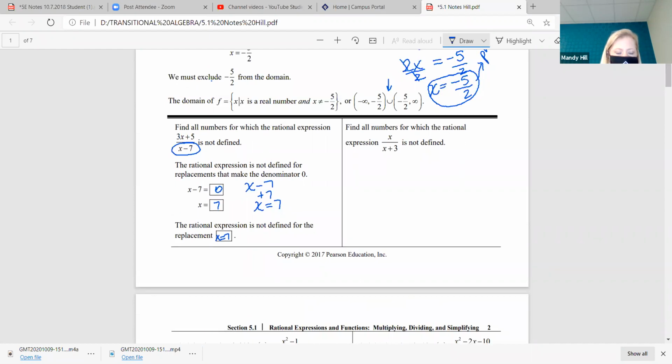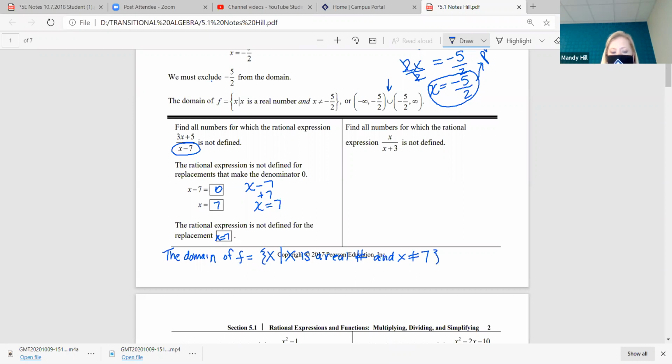So this one, if this is the case, we would say the domain of f is equal to all the x's such that x is a real number and x is not 7. That's the place that we have a problem.